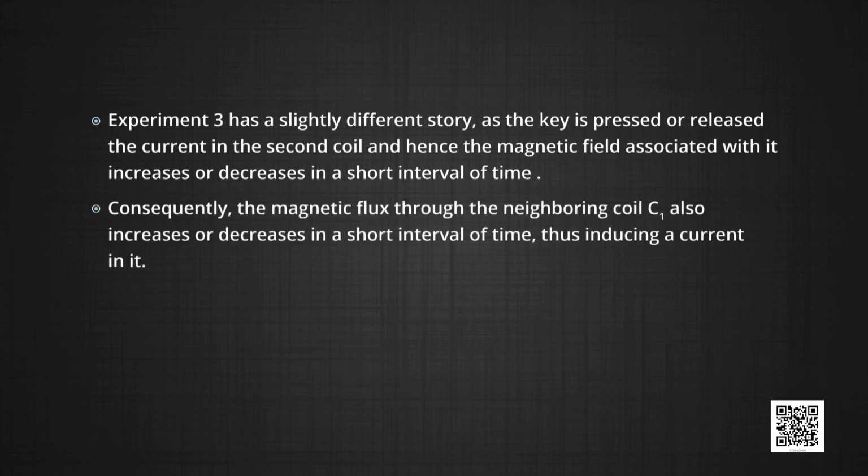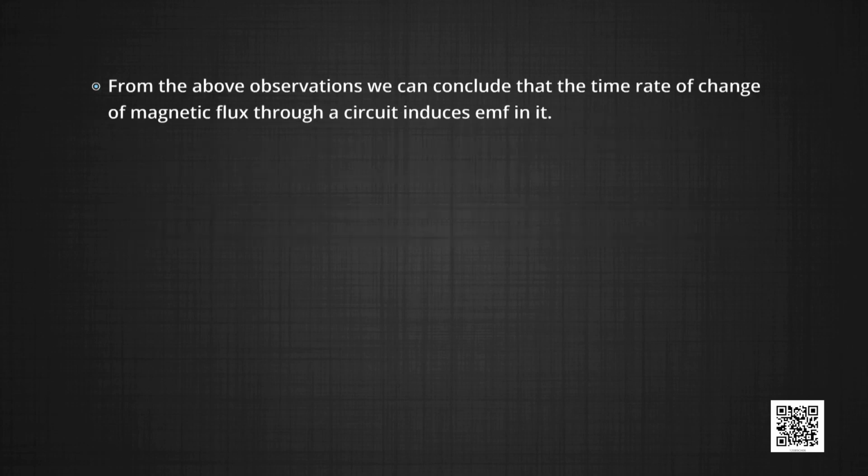Consequently, the magnetic flux through the neighboring coil C1 also increases or decreases in a short interval of time, thus inducing a current in it without any relative motion between the two coils. From the above observation, we can conclude that the time rate of change of magnetic flux through a circuit induces EMF in it.